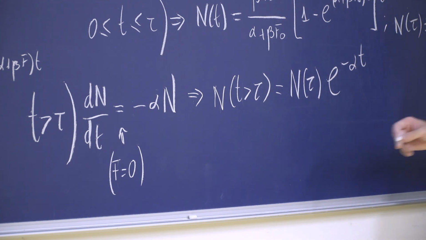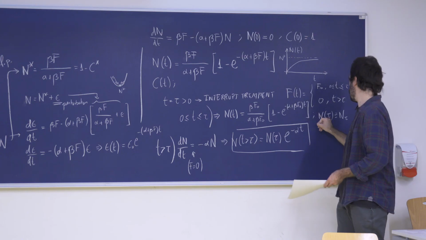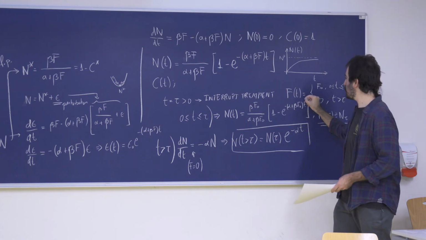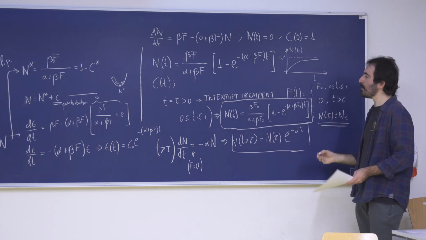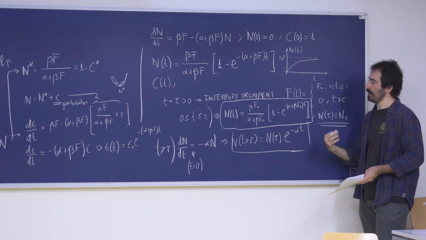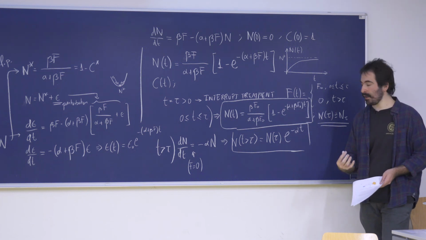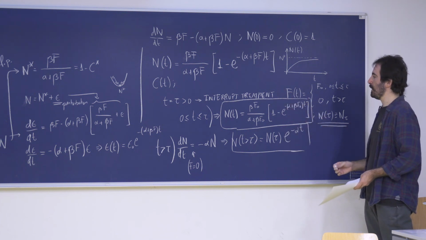And now, considering these two, we are describing all of the time evolution for the number of healthy cells over time, considering that we will interrupt the treatment at time tau.